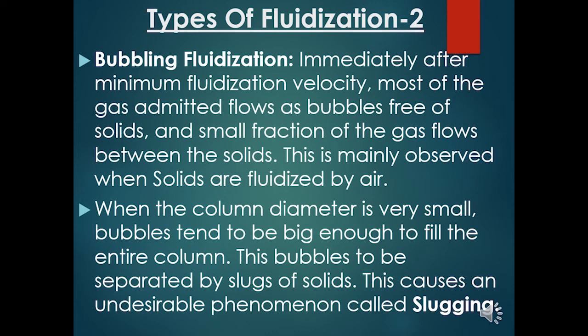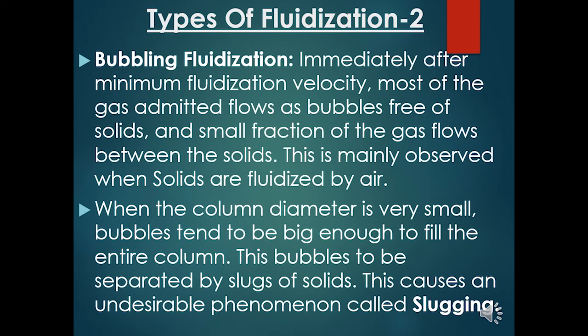But one problem associated with bubbling fluidization is that when the column diameter is very small, the bubbles which are formed due to the fluid velocity tend to be big enough to fill the entire column. So there will be spaces in the packed bed where there's only the huge bubble of the gas.